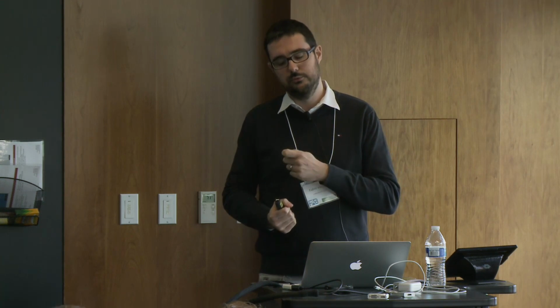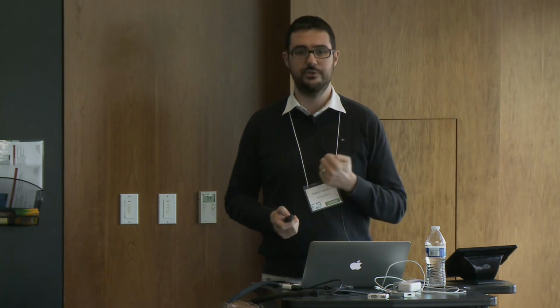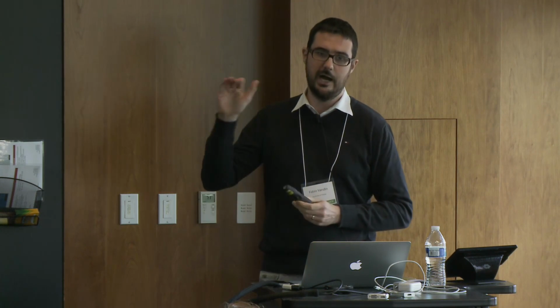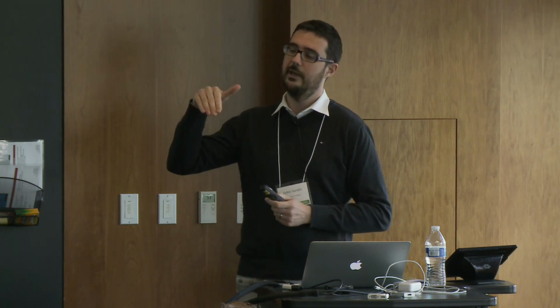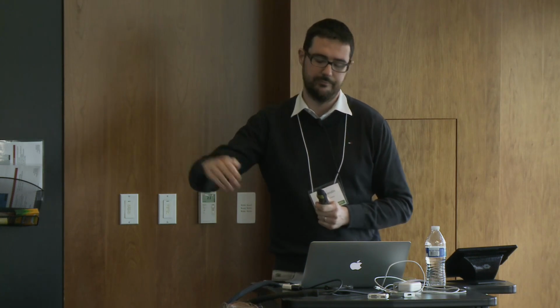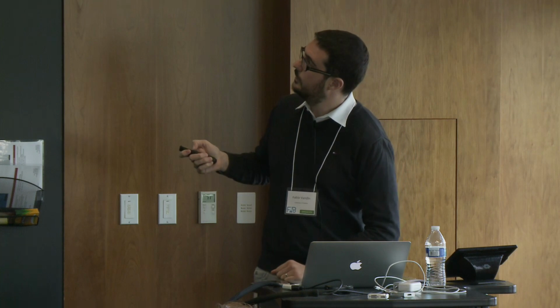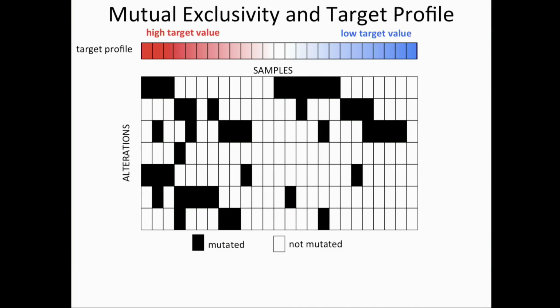Okay, so the right way to assess and identify patterns of mutual exclusivity would be to identify patterns that actually correspond to the same effect at the functional level for the cell. Luckily, there is now a lot of data for which we have target profiles that essentially have some functional measure for different samples or different cell lines commonly.